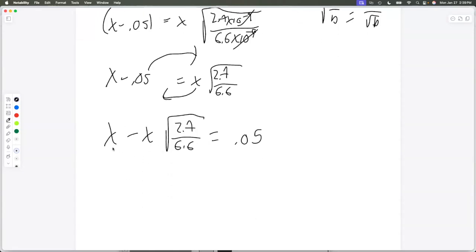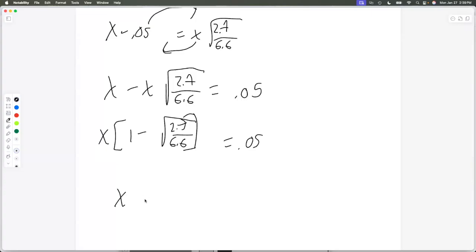Now to combine these like terms, I just factor an x out. I get 1 minus this nasty looking guy here. And then because that's multiplying x, I divide, and here will be my final answer.